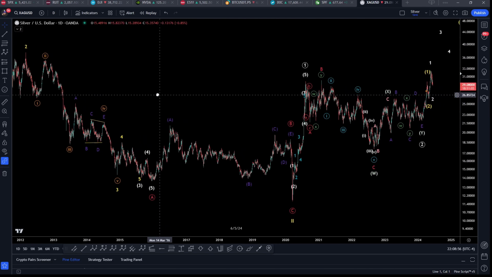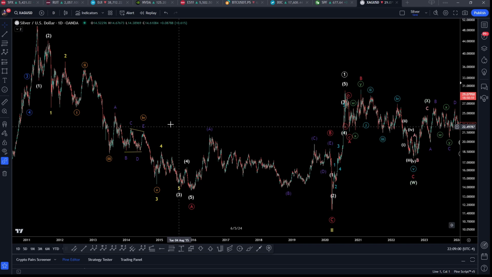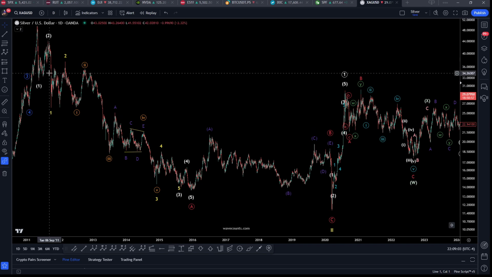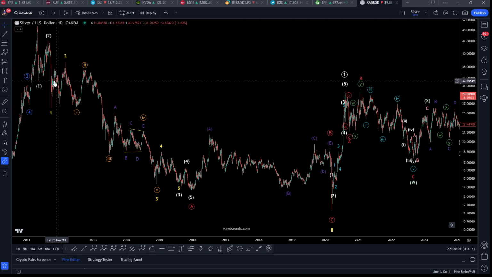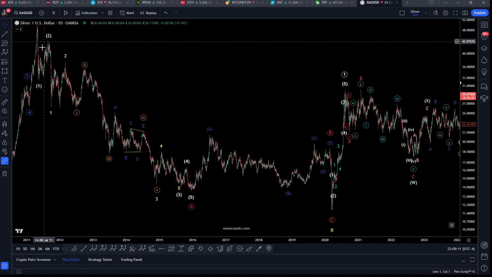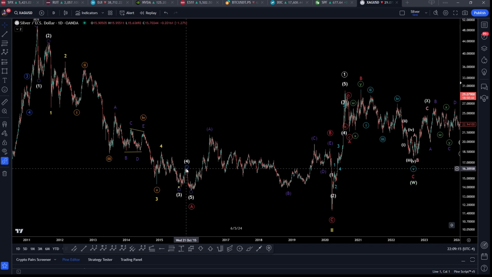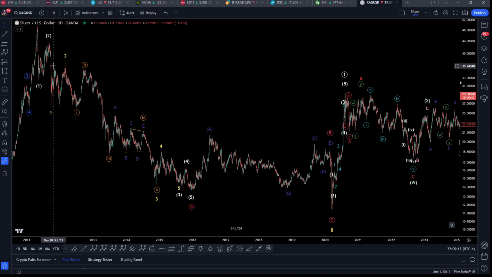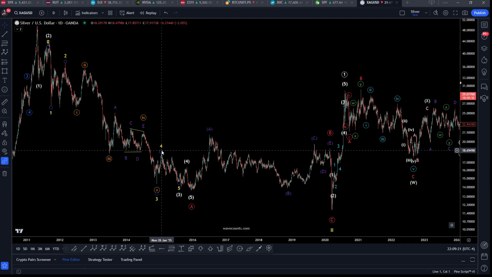Okay. Some really nice alternation here. Okay, so here in the white count here. So this 2 is sharp, something in the zigzag family here, and this 4 we got a little flat. Right? If we look at the yellow one, we got flat, and then the yellow 4 is sharp, zigzag. Right?